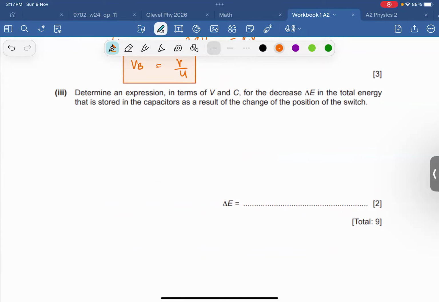Now the last part is to determine an expression in terms of C and V for the decrease, delta E, in the total energy stored in the capacitors as a result of the change of position of the switch. So initially we have the energy half CV squared.